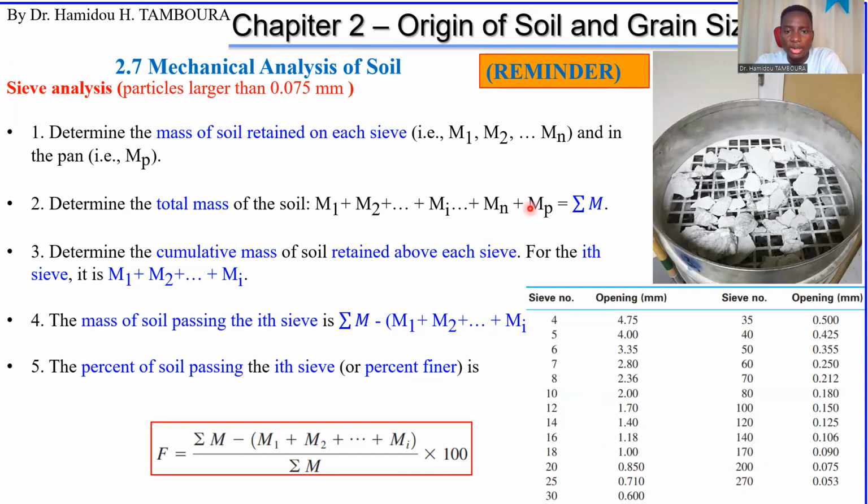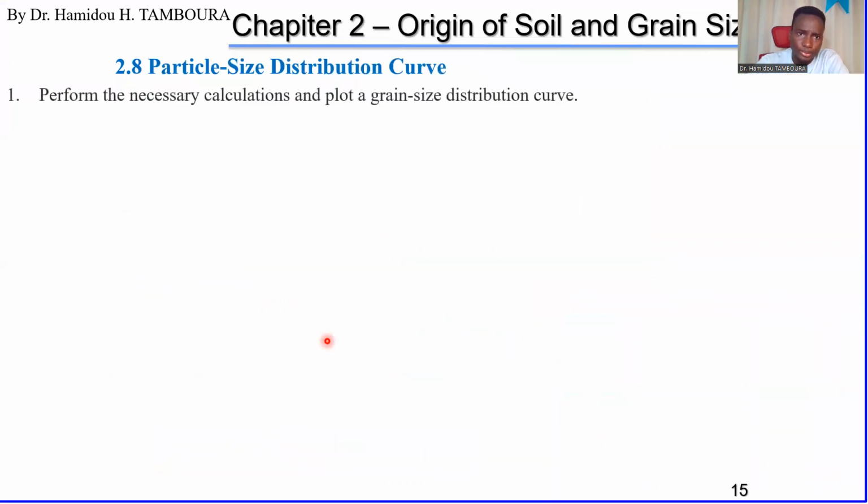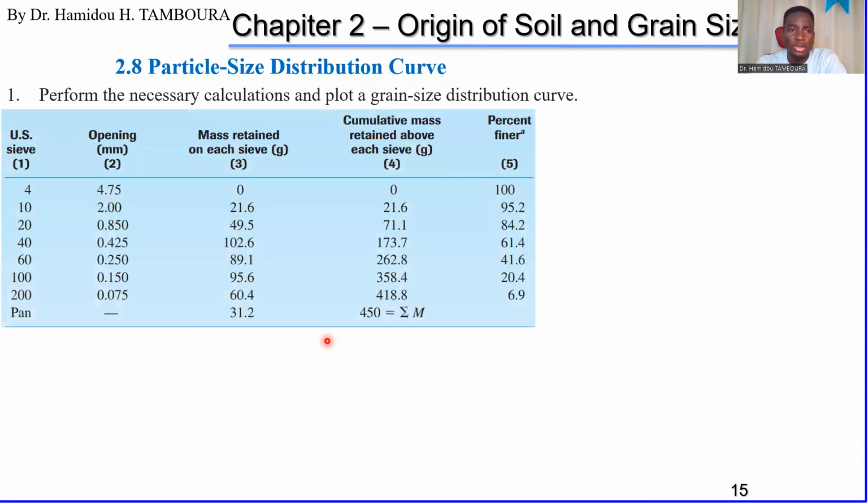Then after this reminder, let's go now for our exercise. First, the calculation to obtain this curve, the plot. We do first the correspondence between the sieve number and the opening, as I explained before.